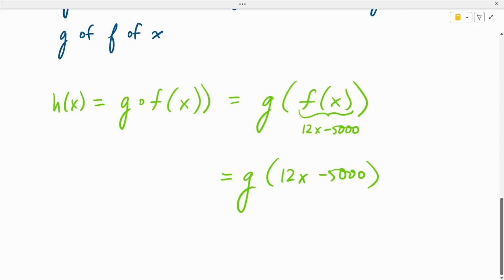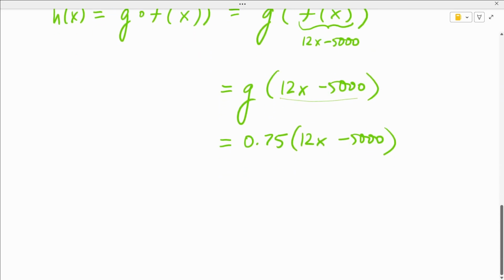But g of 12x minus 5,000, we're now inputting an expression, and that's okay. When we input an expression to g, the function g was 0.75 times the input. Well, the input happens to be an expression, and that's just fine. So we have 0.75 times this expression, which of course we can simplify using the distributive property.